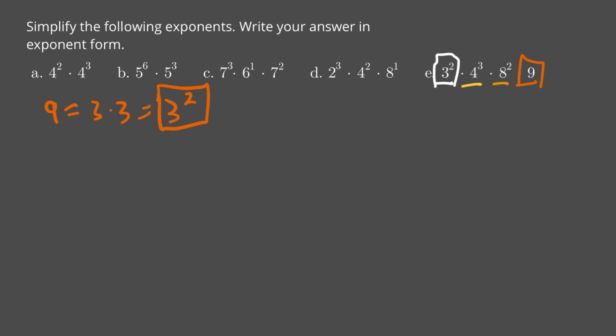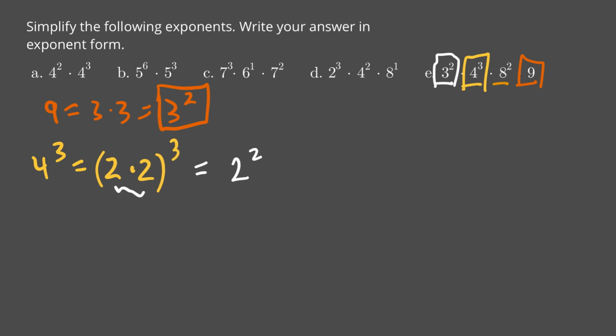All right, now let's look at 4 to the power of 3. Like in the previous problem, we'll write it out. Now let's break down the base. 4 is the same thing as 2 times 2. We have to rewrite the parentheses and the exponent on the outside. 2 times 2 in the middle will give us 2 squared in the middle, and the parentheses and the exponent remain unchanged.